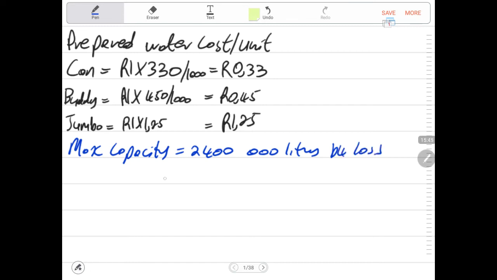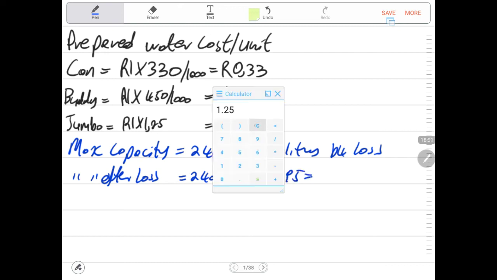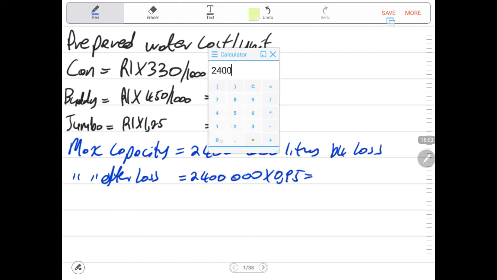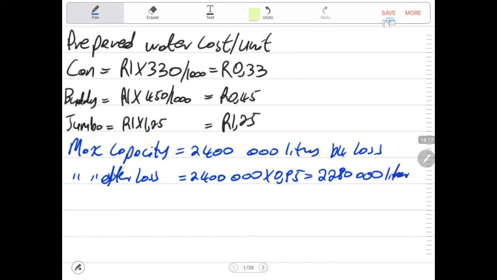Then we need to know the maximum capacity after the loss. Maybe that will be needed, maybe it will not be needed. 2.4 million times 0.95. Remember, 5% becomes a loss. So we have 2,400,000 times 0.95. Then this gives us 2,280,000 liters of water that they need after the loss has taken place.